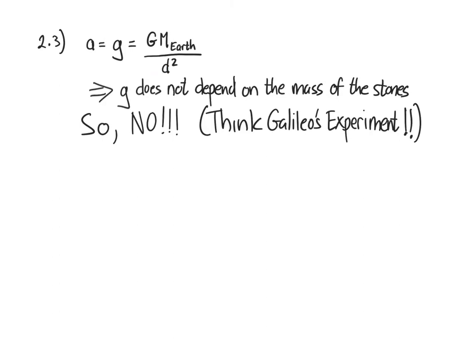Now, in this case, both stones are on the same planet and they're at the same distance from the center of the Earth, so their acceleration is not dependent at all on the size or the mass of the stones. So g does not depend on the mass of the stones, so no.